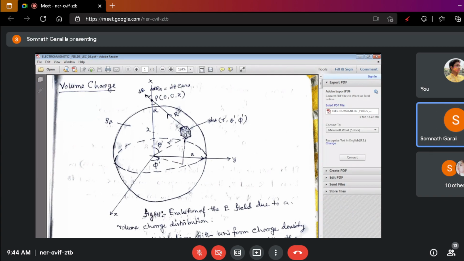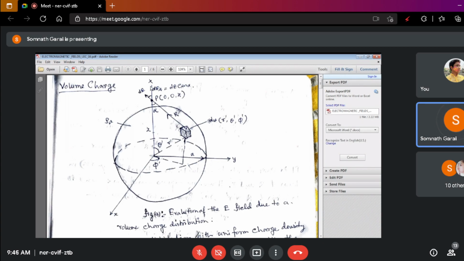Now according to this volume, the electric field is defined by dE. With angle alpha, the components of dE in the z direction will be dE cos alpha.